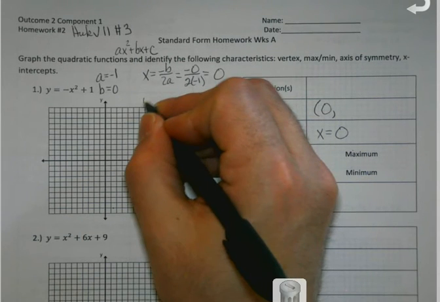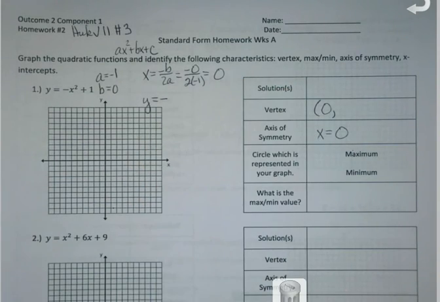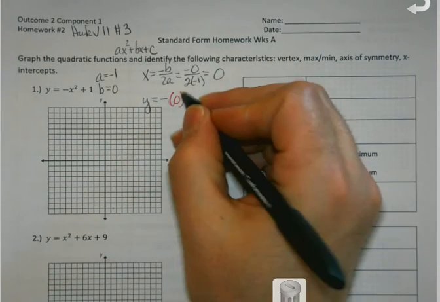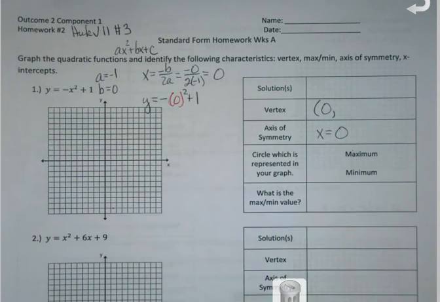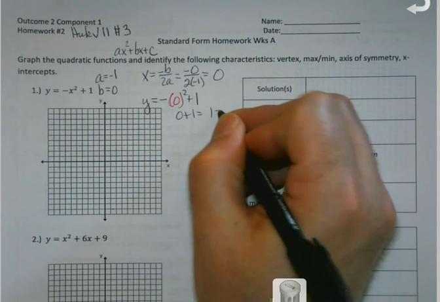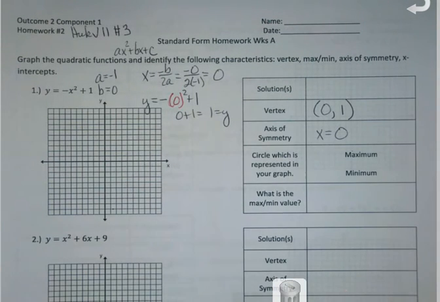So now to find y, I just plug in that 0. And you're like, well, 0 squared still 0, Harty. It's true. I get my vertex.